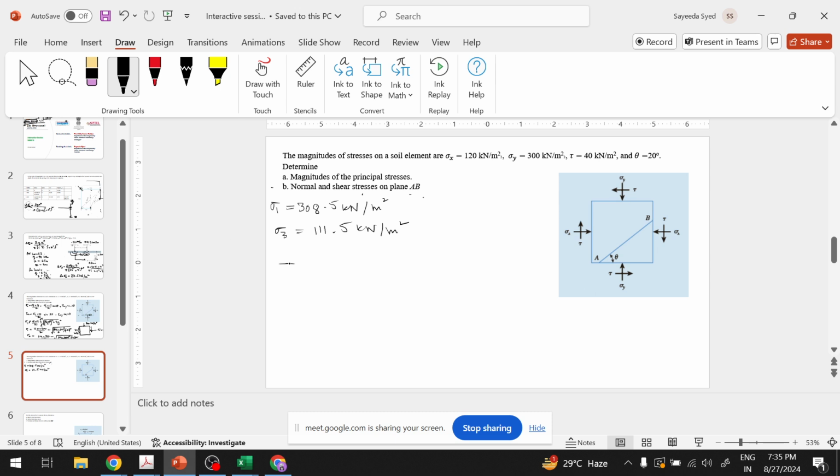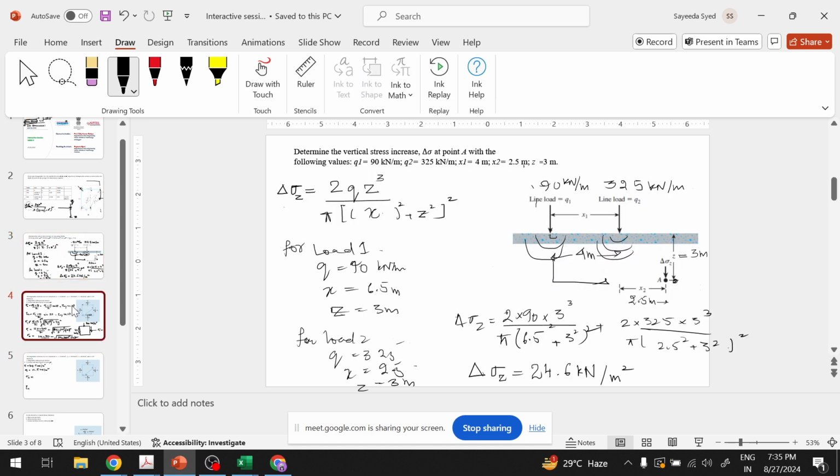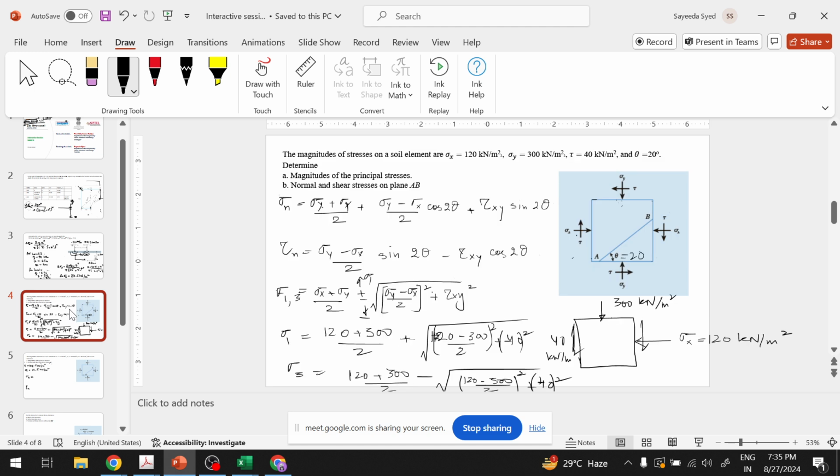Now let's calculate the sigma n and the tau n, as I mentioned here: sigma x plus sigma y over 2 plus sigma y minus sigma x over 2 cos 2 theta plus tau xy sin 2 theta.